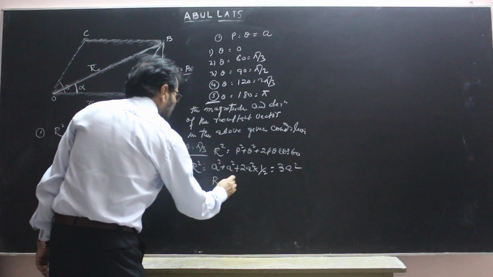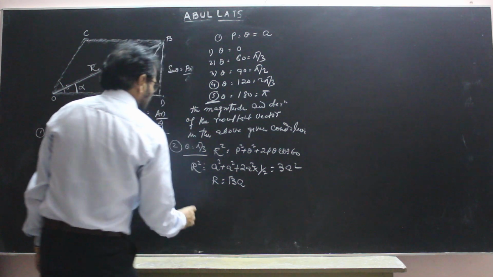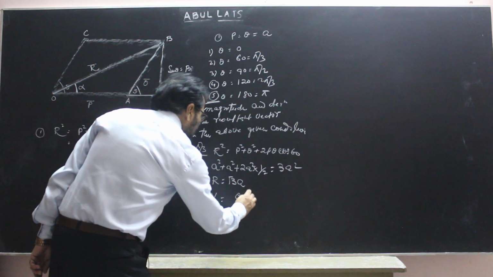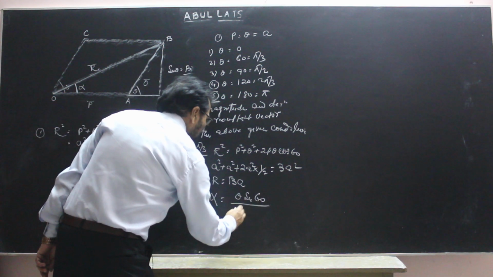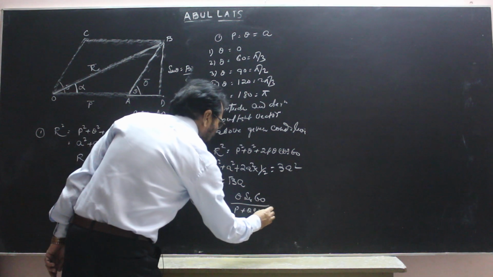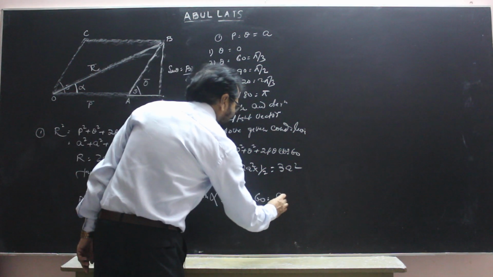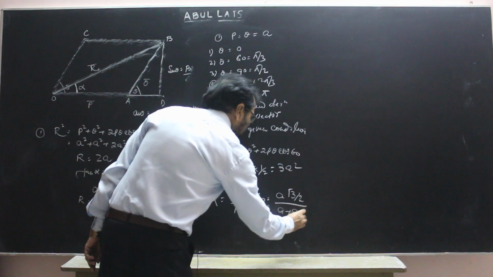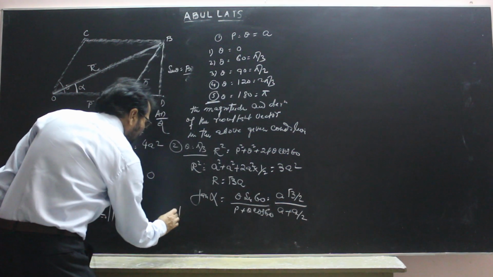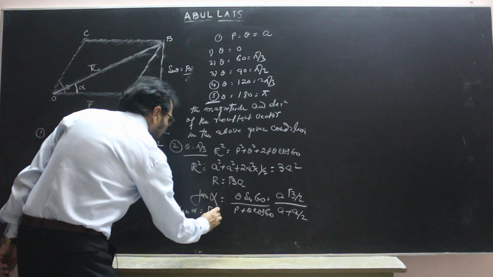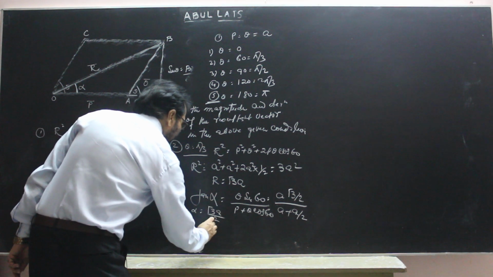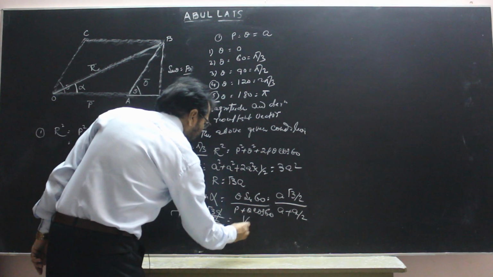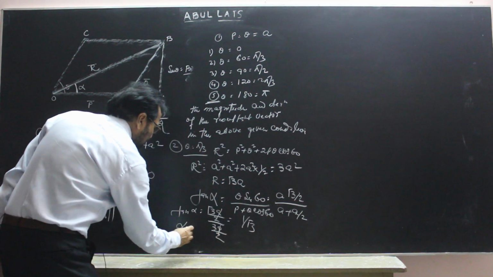So R is root 3A, and tan alpha is Q sin 60 over P plus Q cos 60. A sin 60 is root 3A by 2, and A cos 60 is A by 2. So tan alpha is root 3A by 2 over 3A by 2, that is 1 by root 3. So alpha is 30 degree.